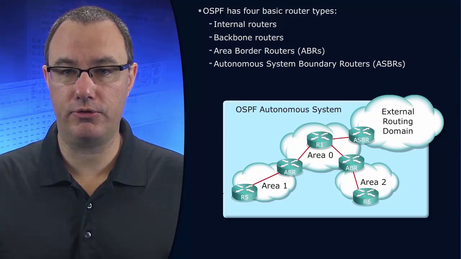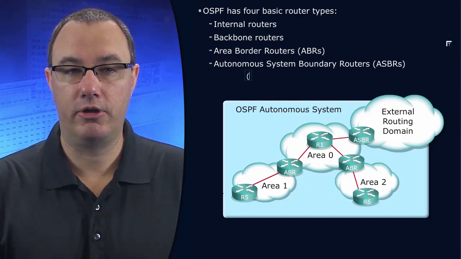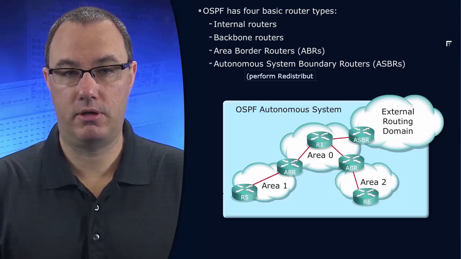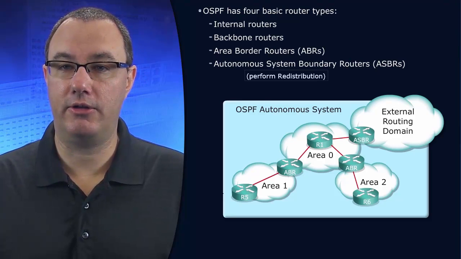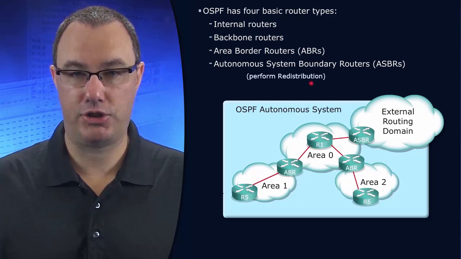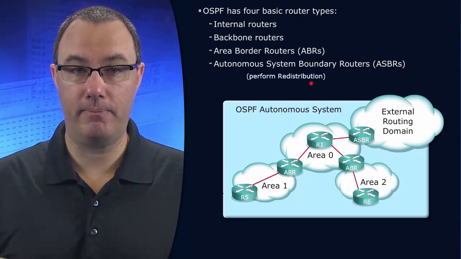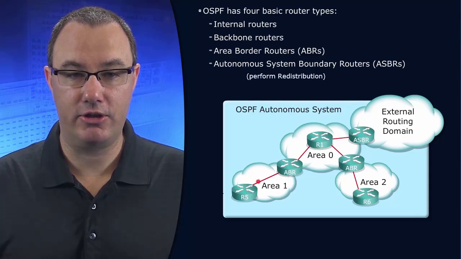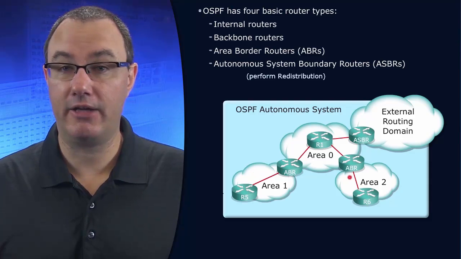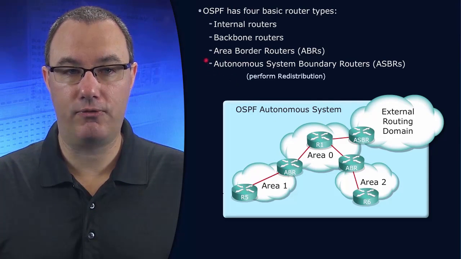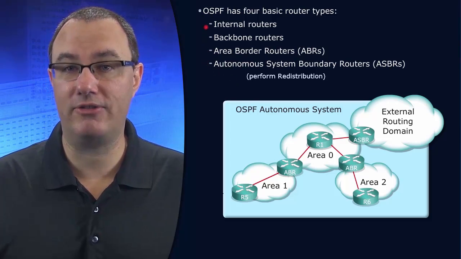I really want you to associate that and understand that ASBRs perform redistribution. And redistribution is a process by which we import information into the routing protocol, and that imported information then is injected to the OSPF autonomous system as external OSPF routes. So understand these four basic router types. That's quite significant to us.